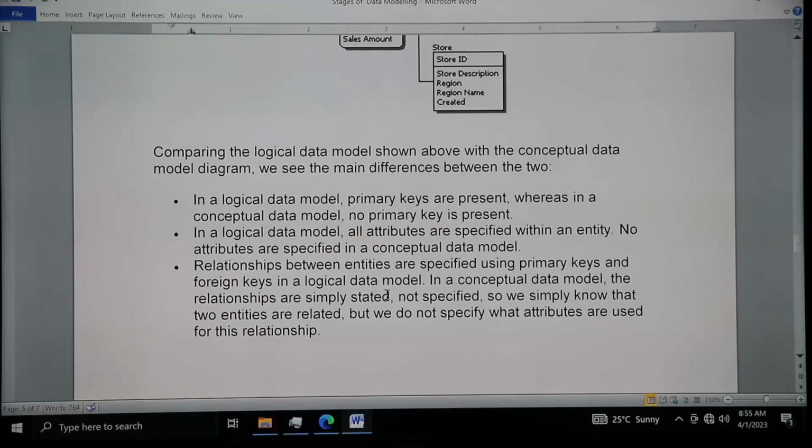Then the relationships between entities are specified using primary keys and foreign keys in the logical model. But in the conceptual model, the relationships are simply stated, not specified. So we can simply know that there is a relationship between two entities, but we don't specifically state which relationship it is. So that is the relationship between the two models.